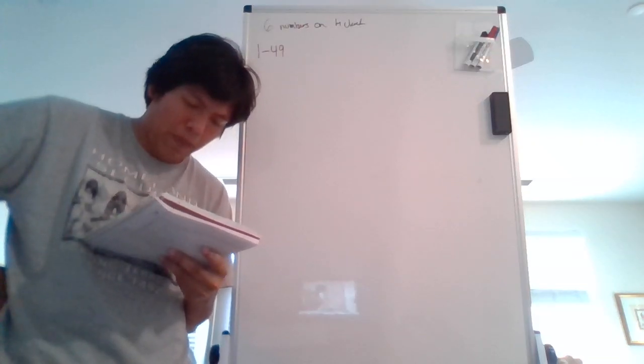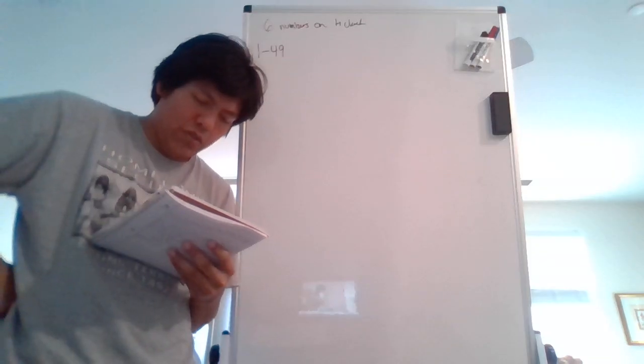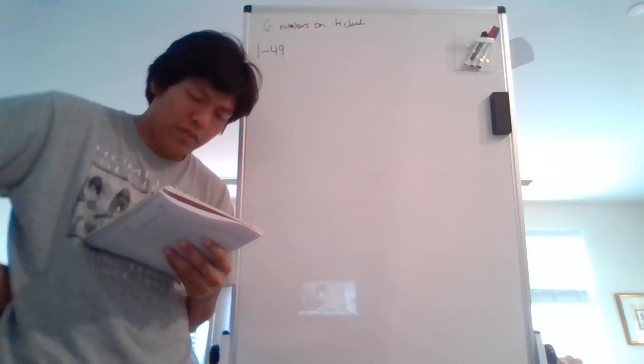Let me see. How do I want to start explaining this? 6 choose 3. 20 ways of choosing 3 numbers.